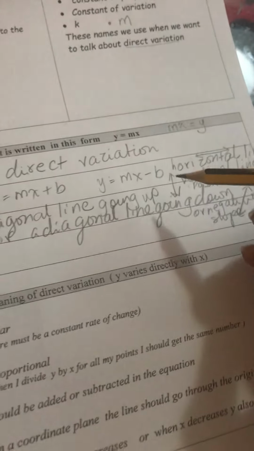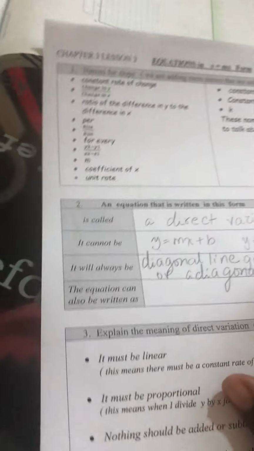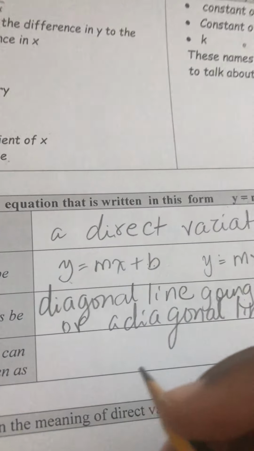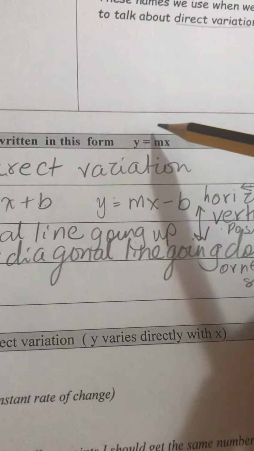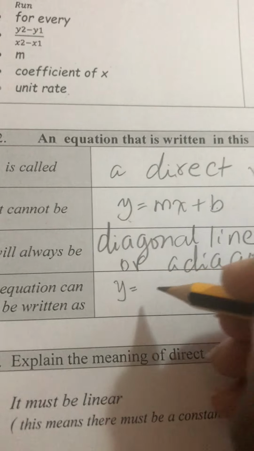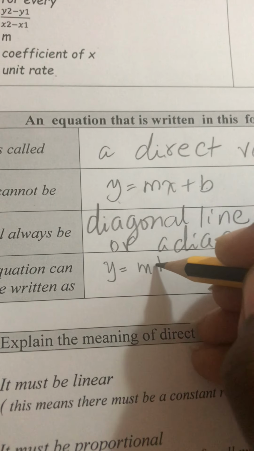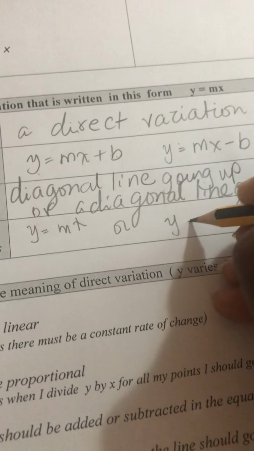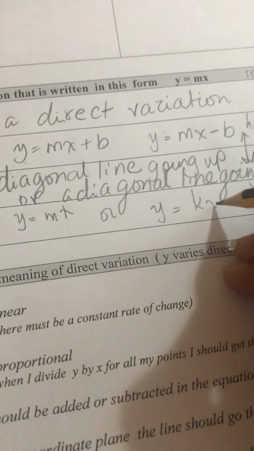Those are the only slopes you should get: a positive number or a negative number. Okay? I just wrote for you over here. You can write it as y equals mx, or it can be written as y equals kx.